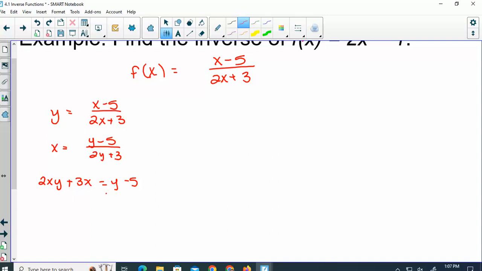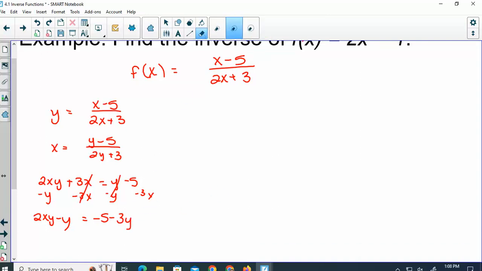So now we need our y's on the same side, so I'm going to subtract over this y and subtract my 3x. Okay. Remember, we're trying to solve for y.